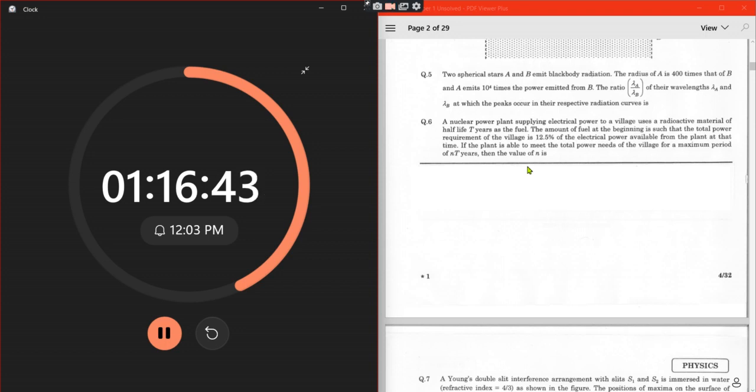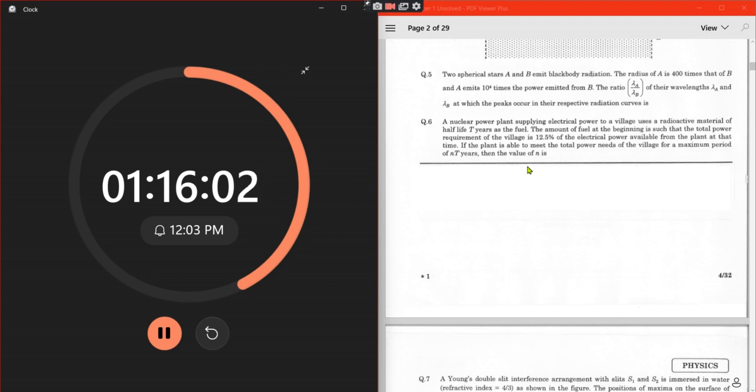Okay, if the plant is able to meet the total power needs for the village for a maximum period n, the value of n is... right, so this is 12.5% initially, and then 1 upon 12.5%, that is 100 upon 12.5 times 1 is the power required by the village, times e power negative k2, which is e power negative 3 upon t half, whatever.